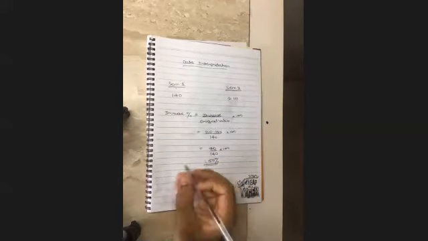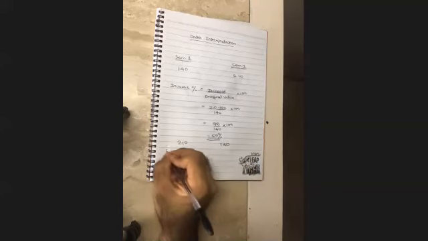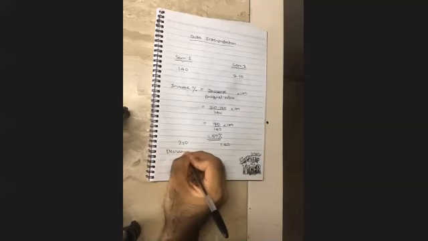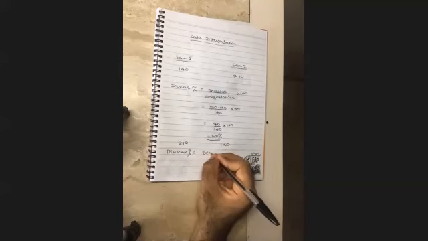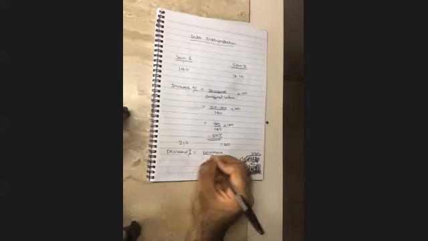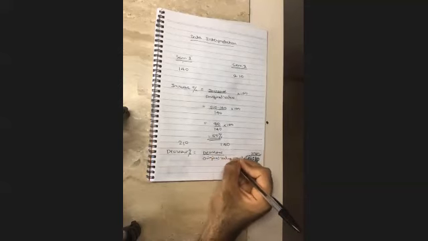But if you went from 210 to 140, it is a decrease percentage, which is nothing but decrease upon original value into 100. How much is the decrease? Again 210 minus 140, which is 70. But the original value is 210.